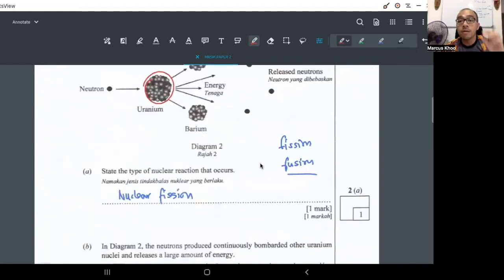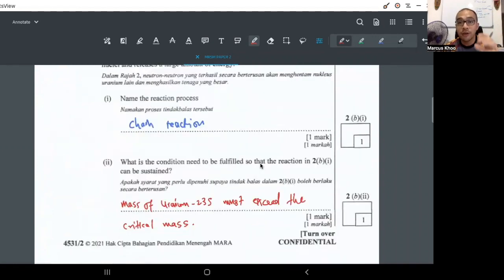So it's the minimum amount of mass needed for the chain reaction to happen. If the mass of the uranium is less than the critical mass, that's it, the chain reaction will stop, because there's not enough uranium to go around to continue the process. So this is one of those answers where that is the only answer and it must be written in this form.